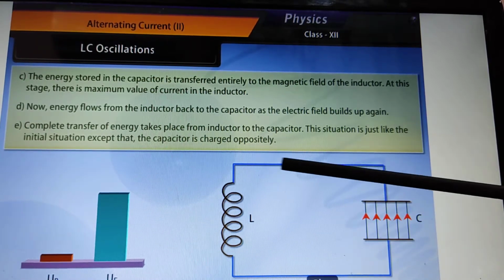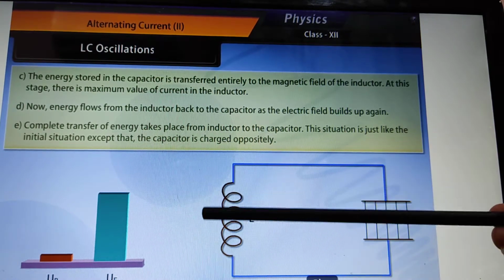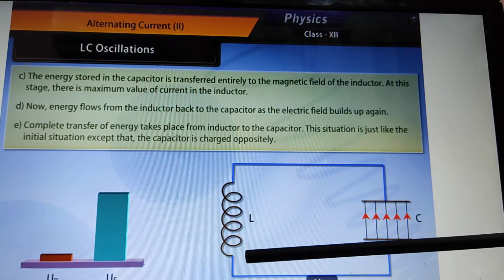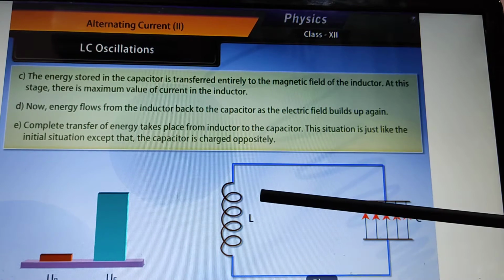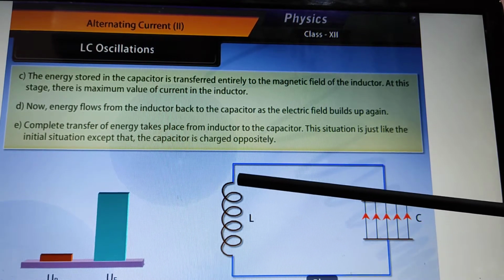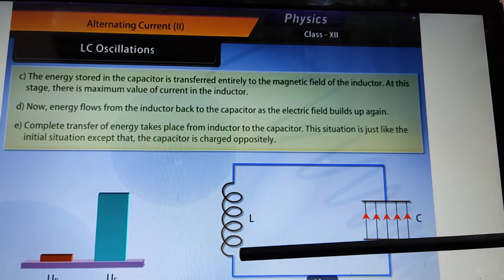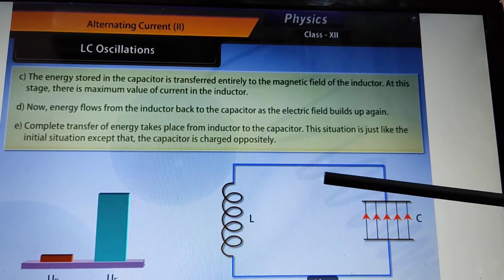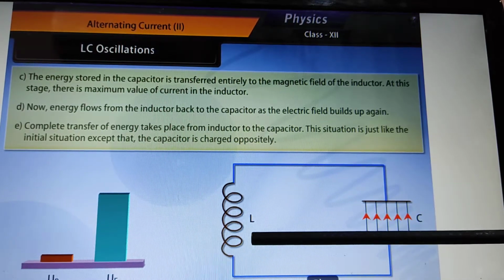And when the current was in this direction, anti-clockwise, it automatically develops a self backward force, that is back EMF, which is induced on the inductor, and because of that the current now moves in the opposite direction because of the self induction in the inductor.